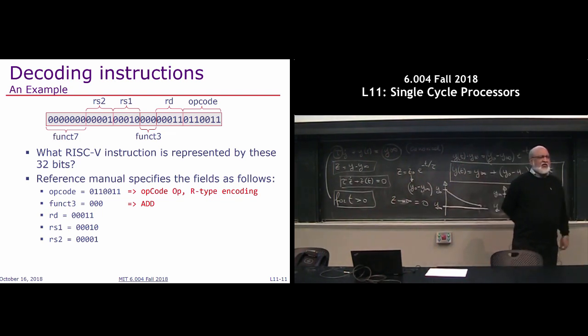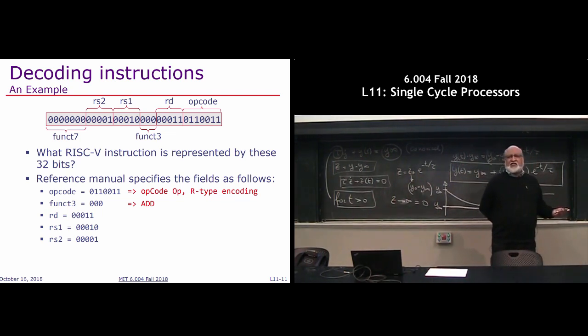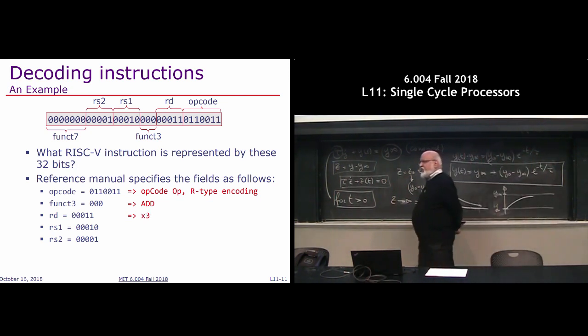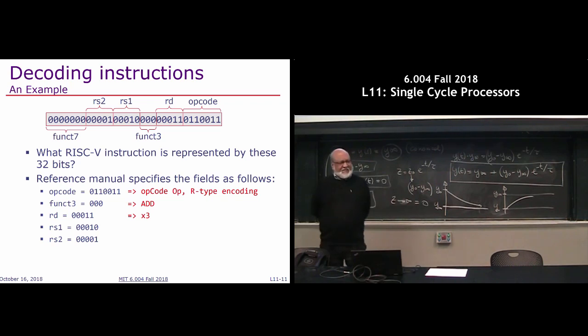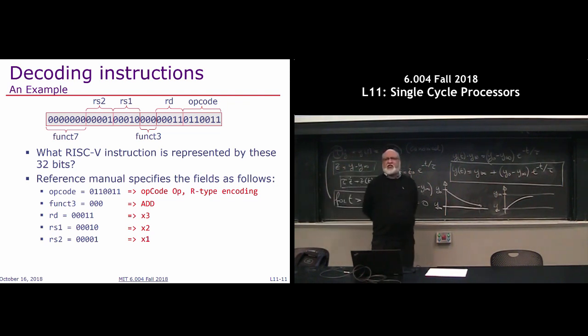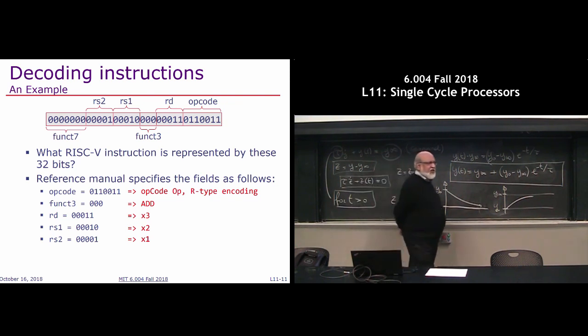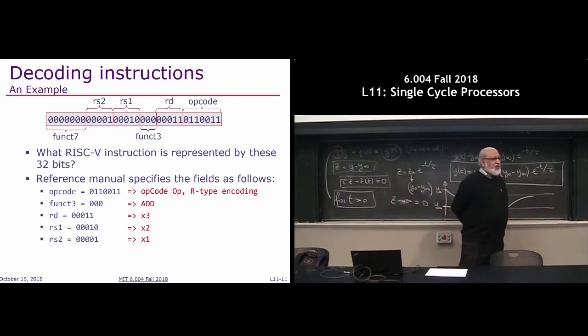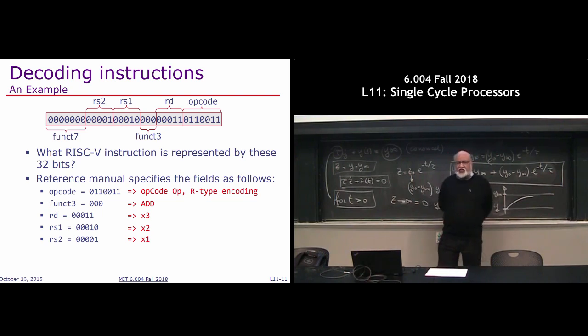This add instruction is going to modify register number 3. Good. And what are the sources? 2 and 1. So far, so good? And you can see in this case, we didn't do anything with funct7. We are not using that part at all.